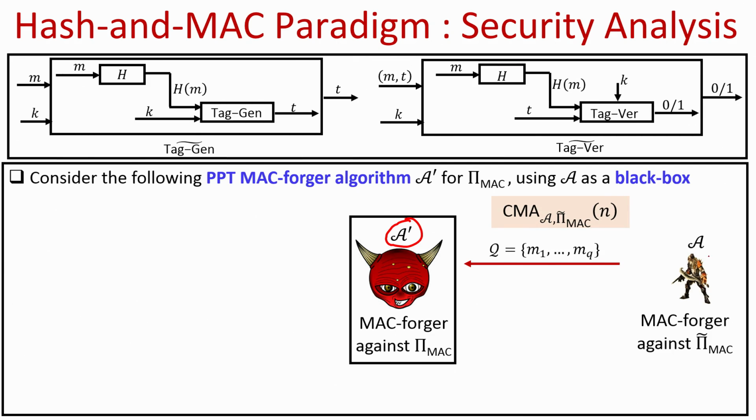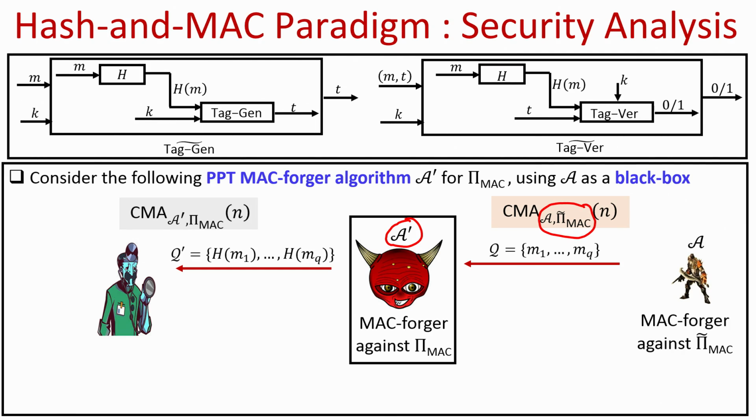So, now what this adversary for the composed MAC does is it participates in an instance of the CMA game against the composed MAC, and as per the rules of the CMA game, it asks for the tags for several messages of its choice. What this adversary A dash now does is it invokes an instance of the CMA game against the fixed length MAC, where the messages which are authenticated are of fixed length, namely little l bit messages.